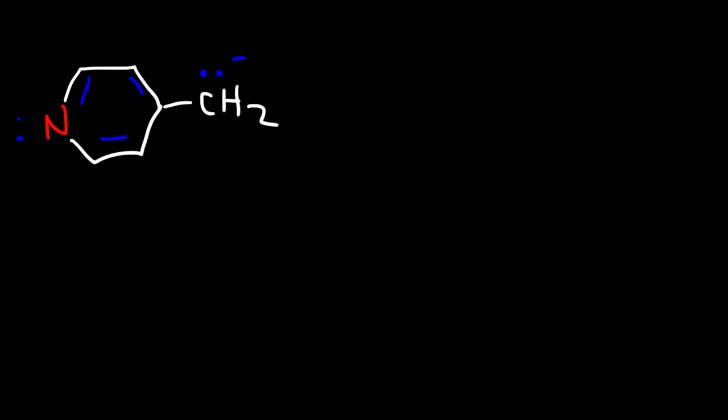So what can we do with this? So let's say we took off the hydrogen from the CH3 group. So we have this right now. This carbon is nucleophilic, and so we can react it with a few things. So let's react it with, for instance, let's say an alkyl halide.